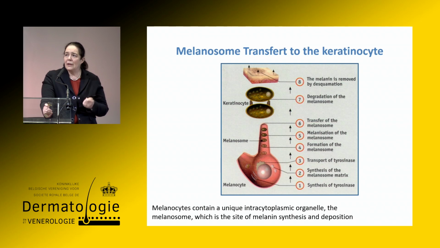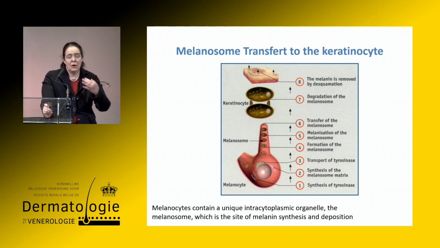So the melanosome is transferred, and the origin of melanogenesis is a key enzyme, tyrosinase, whose synthesis also happens inside the melanocyte. You have also the synthesis of the melanosome matrix, the transport of tyrosinase and the formation of the melanosome, and progressively the transfer of melanosome into the keratinocytes, and then the melanin is removed by desquamation.